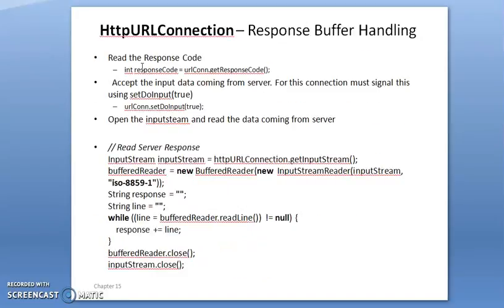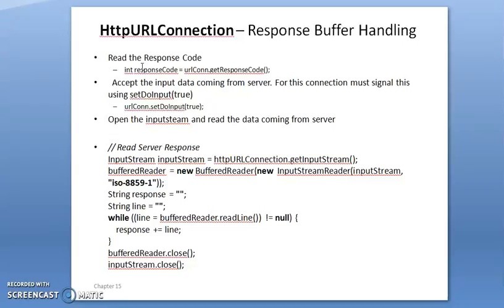Once that is done, our request handling is done, and now we will start getting the response from the server. For handling the response from the server, initially we can call URLConnection.getResponseCode.